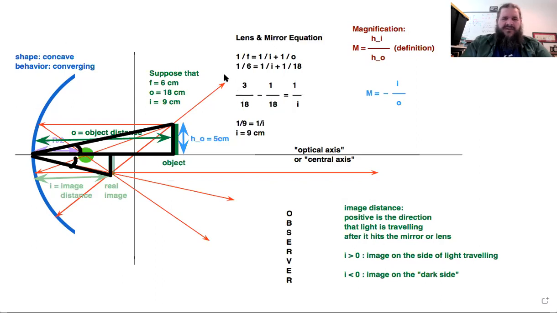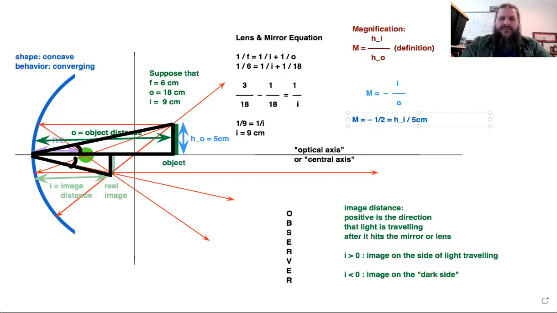In this case, we can say that the magnification is negative 9/18. That'll just be negative 1/2. And that's unitless since the centimeters and centimeters cancel out. And then we can take that back to the definition. Now that we know it from the magnification equation, we can say that's equal to height of the image over height of the object, which we know is 5 centimeters.